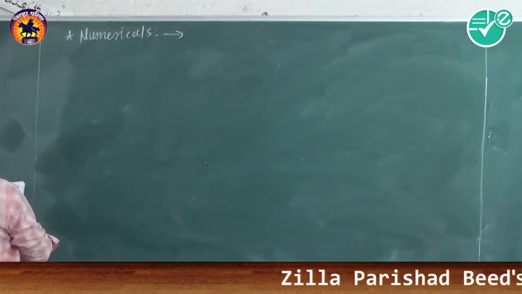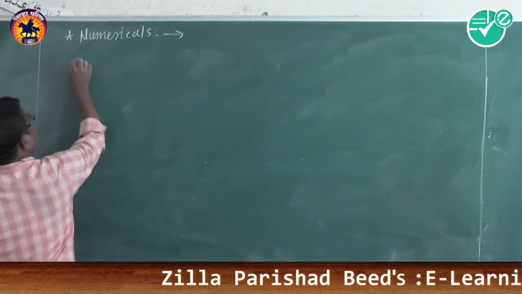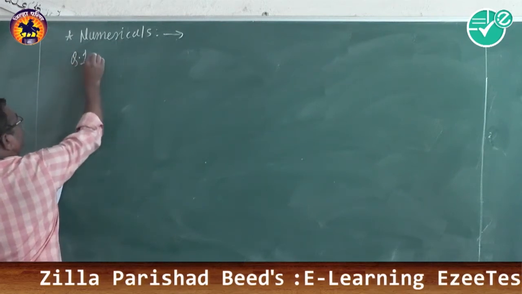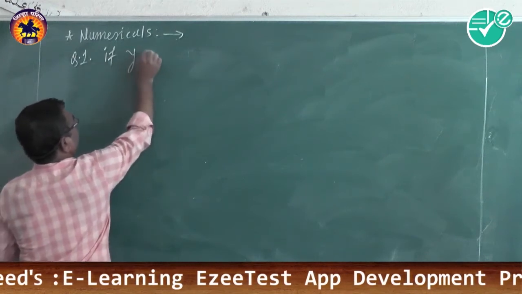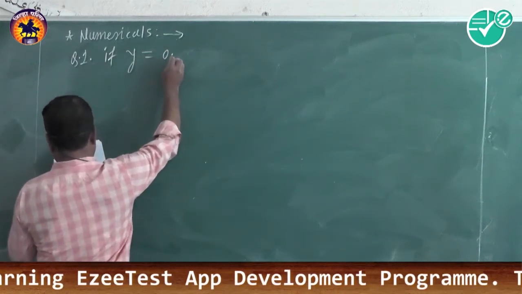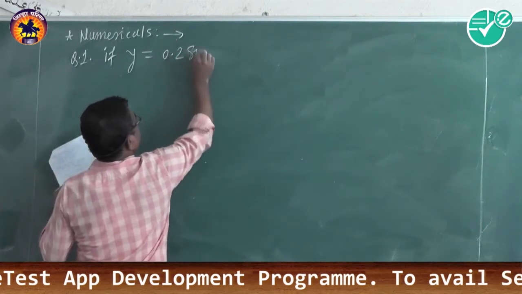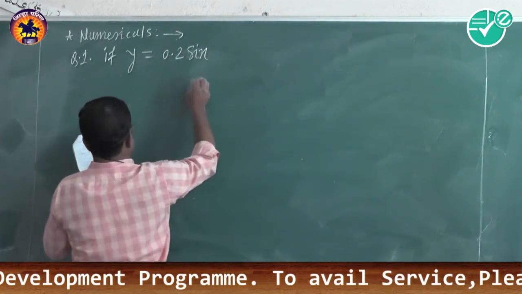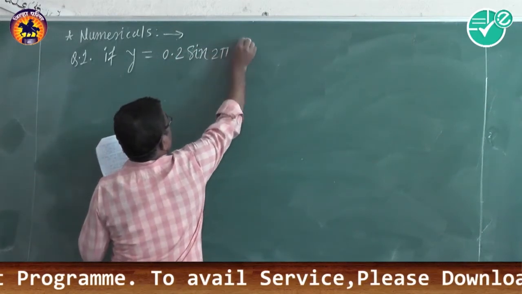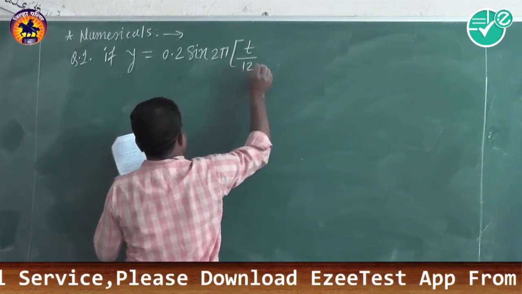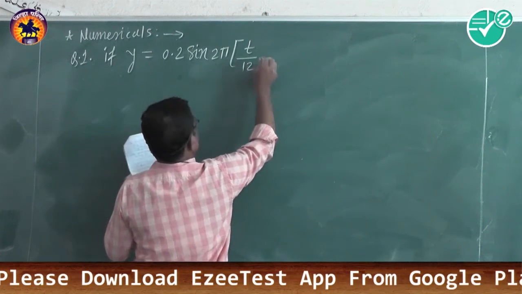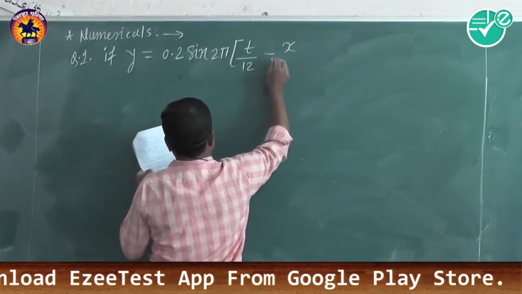Write down the first numerical. If y is equal to 0.2 sine 2 pi into bracket small t upon capital T, small t upon 12 minus x upon 5.